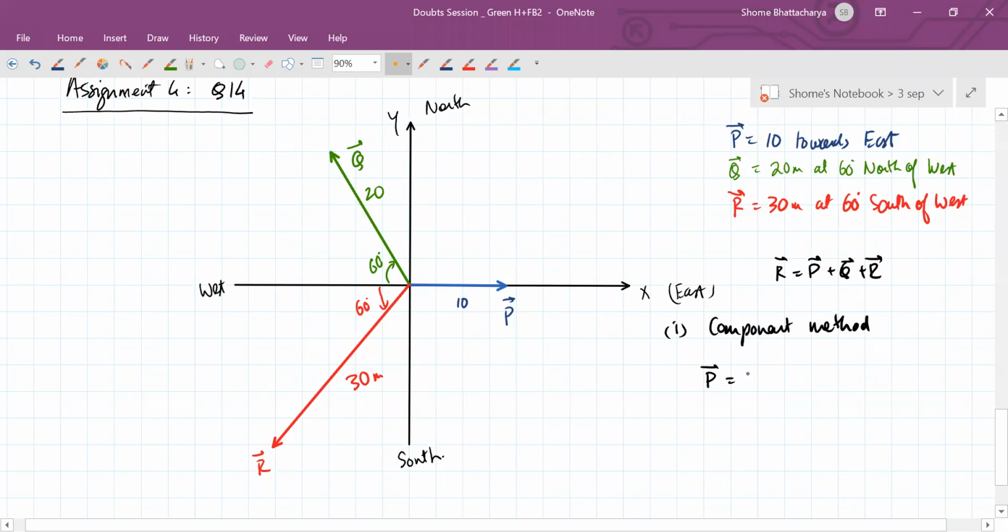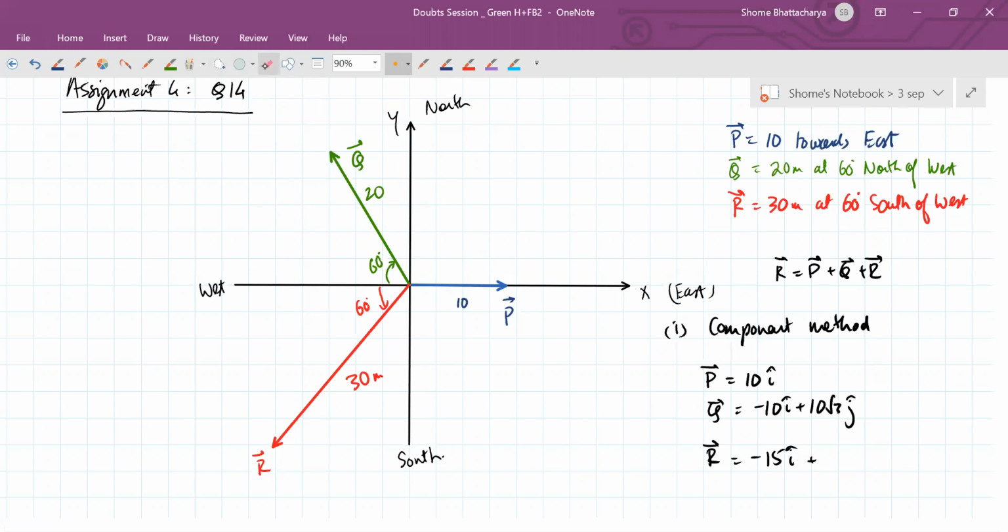So P is 10 i cap. Q will become minus 10 i cap plus 10 root 3 j cap. Okay, you can just drop the perpendiculars and understand. And similarly, R will become minus 15 i cap, plus, sorry, minus 15 root 2.